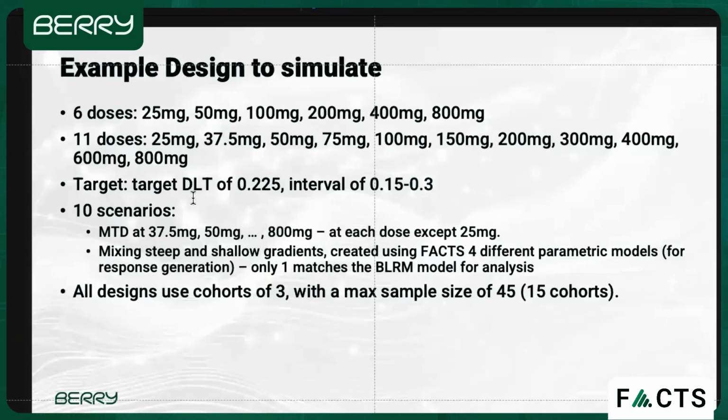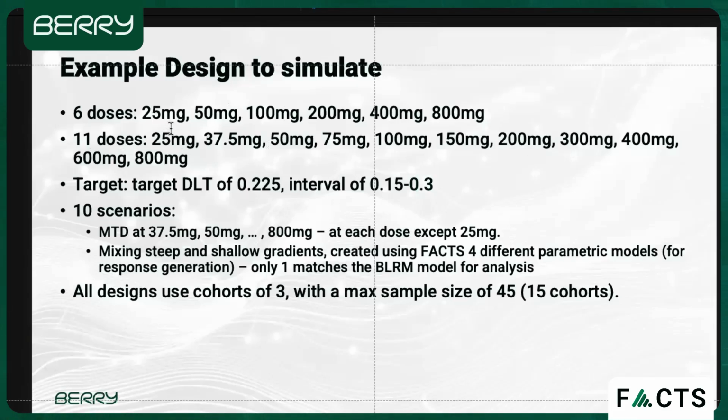So what we're going to do is look at two situations, where one is a superset of the other. One has 6 doses from 25 milligrams to 800 milligrams with the dose doubling. And the other has those 6 doses plus the intervening doses, 37.5, 75, 150, 300, and 600 milligrams.